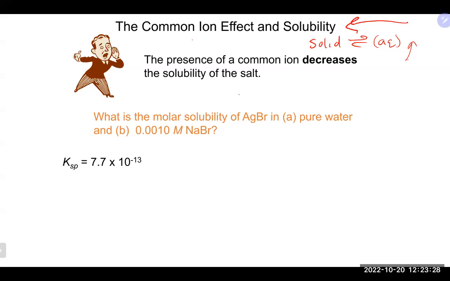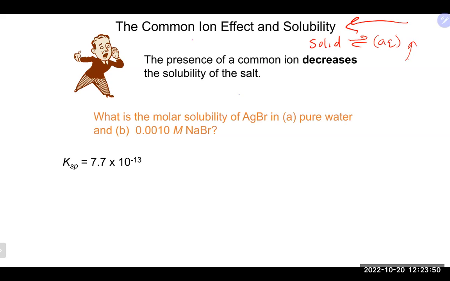Which means more solid. So when you have a common ion present in this situation, it basically will decrease the solubility of that salt. It will keep it together based on Le Chatelier's principle. And we do see that the solubility will go down versus just water by itself.